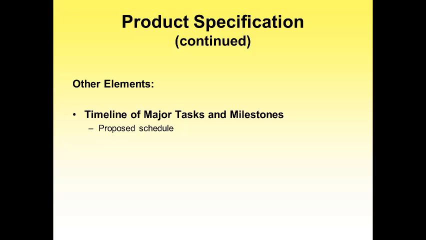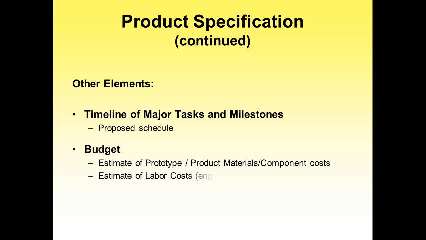And so it's an important part of the specification. And of course, the budget. How much money is going to be set aside for paying for engineers, for buying and building prototypes, and having new kinds of components manufactured, of buying any special tools that are required, of running the tests that are needed. This will all be budgeted up front and will be given as some constraints to the design team.